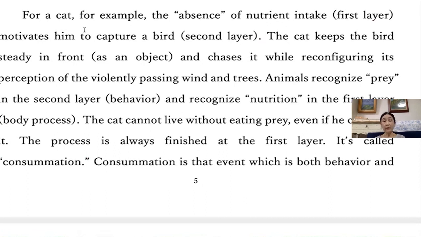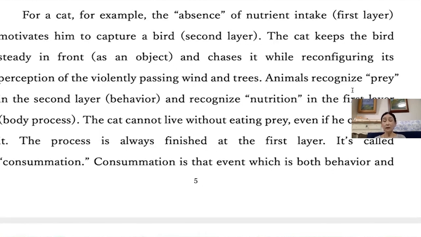For a cat, for example, the absence of nutrient intake, first layer, motivates him to capture a bird, second layer. The cat keeps the bird steady in front as an object and chases it while reconfiguring its perception of the violently passing wind and trees.